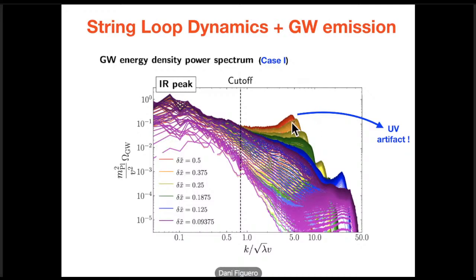Because otherwise you produce an artifact emission of gravitational waves, which is not real. So essentially, we had to do studies. They range from lattice of 500 to 2000 cubed here, where we are successively resolving better and better the core of the string loop.